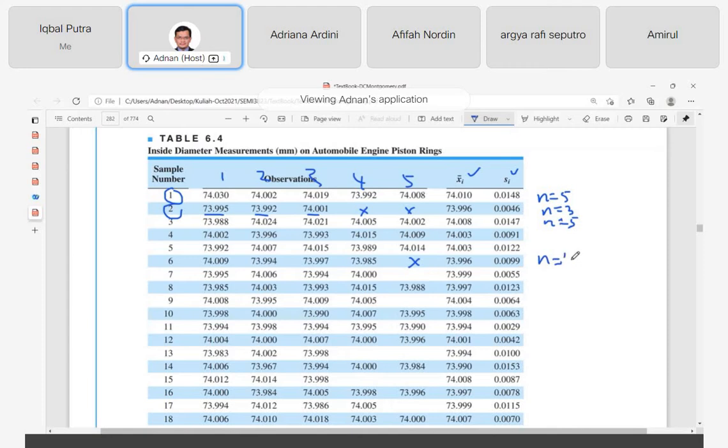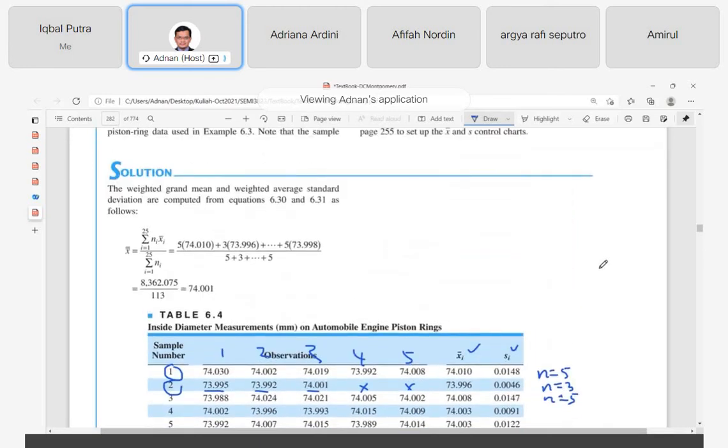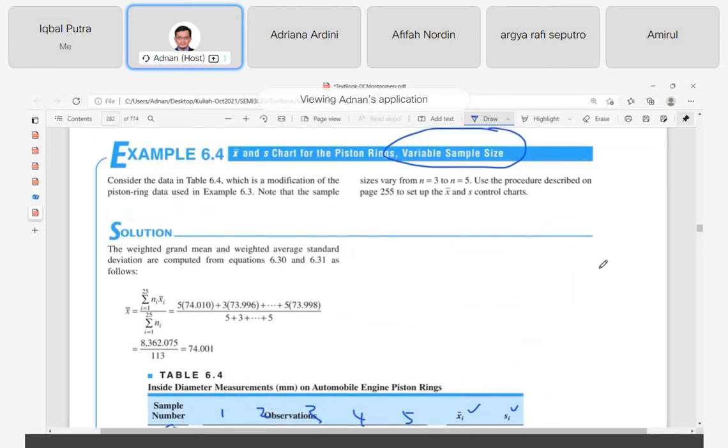How do we handle this case where sample size is not constant? This is what example 6.4 is trying to show. Variable sample size, where the sample size varies from 3 to 5.